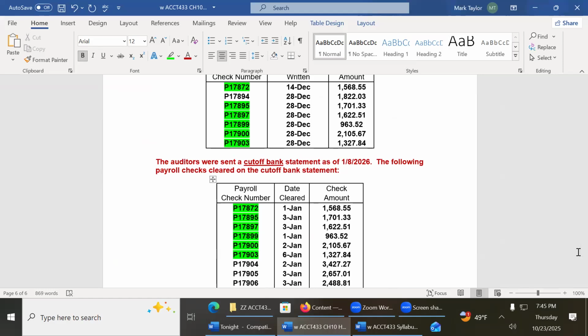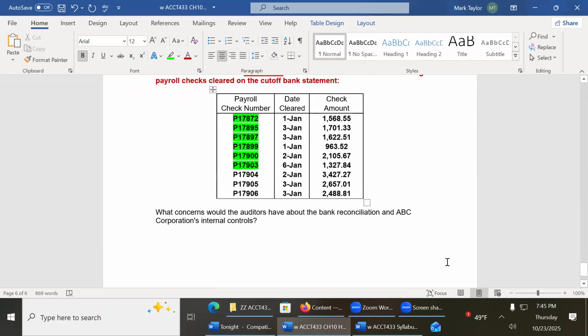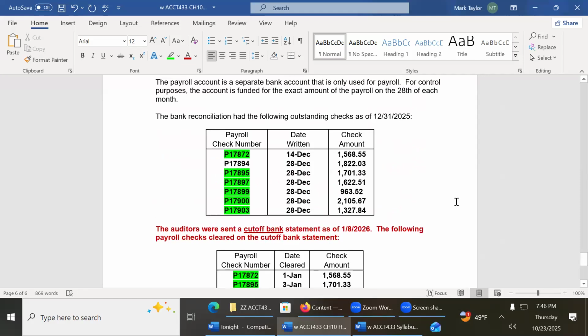Okay, so let's look at this, and there's actually quite a few problems with what we just looked at. I shouldn't say quite, there's actually two big problems.